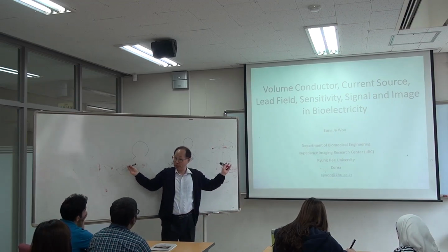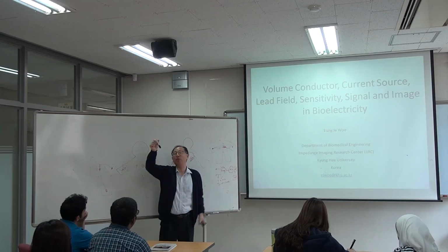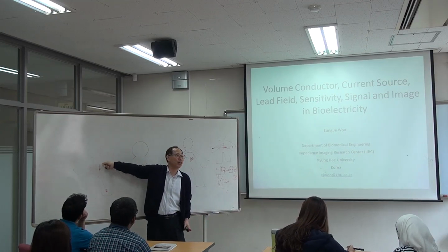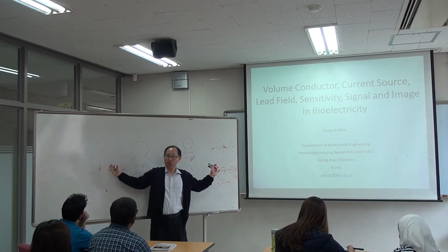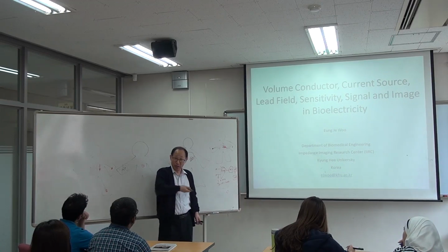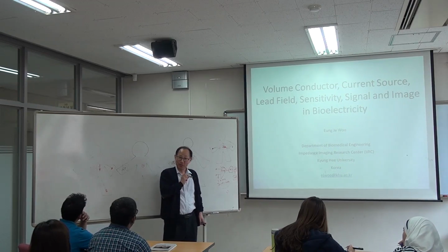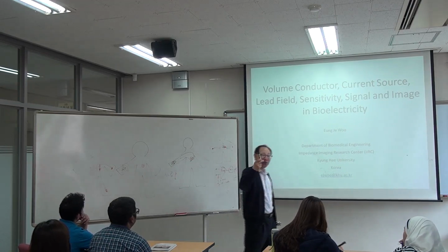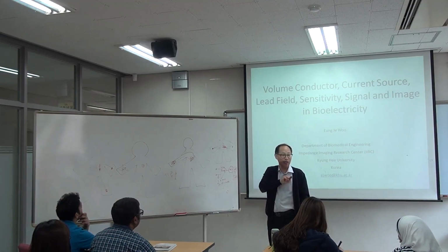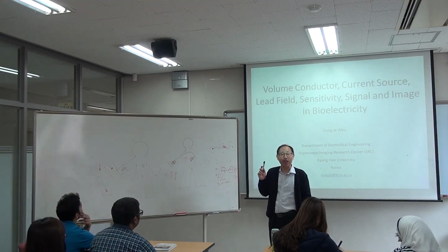If you measure both of them, and if the cardiac vector, this equivalent dipole, is a 2-dimensional vector, then using just these 2 leads, or 2 pairs of electrodes, you can fully express the equivalent dipole. But the dipole moment from the heart is a 3-dimensional vector, so you need 1 more lead.